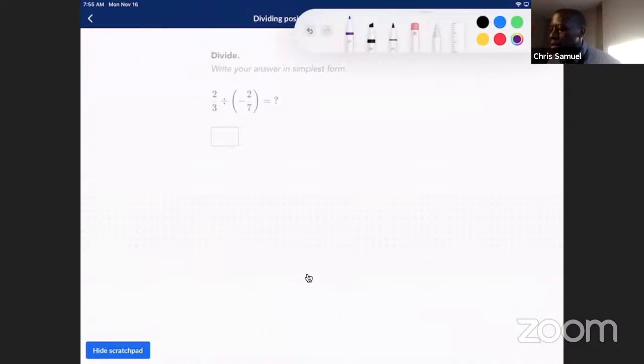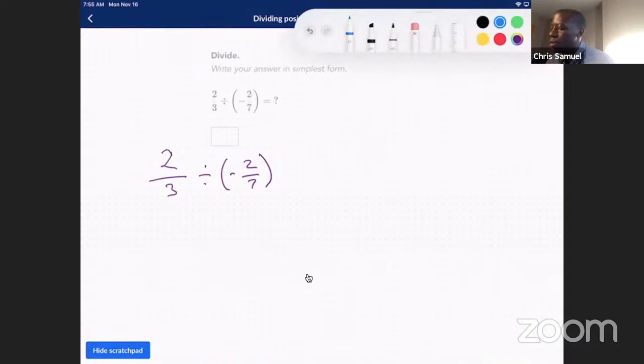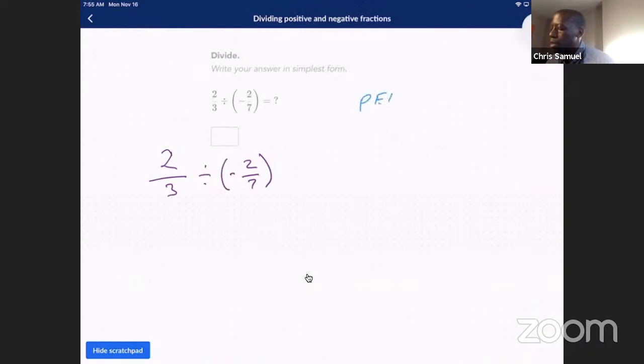So it says here 2 divided by 3, 2, 7. And we make sure we pay attention to PEMDAS, where this is going to be converting to multiplication.